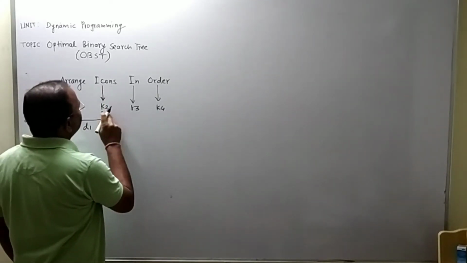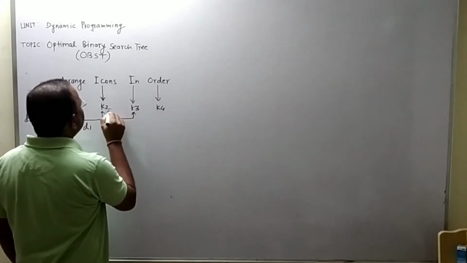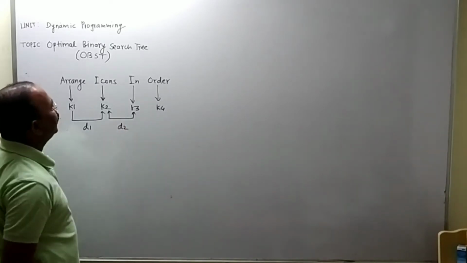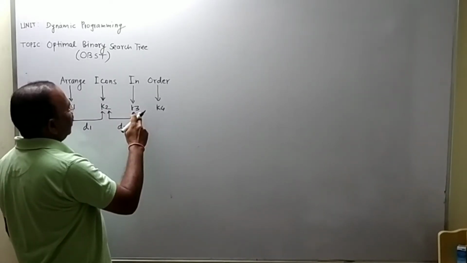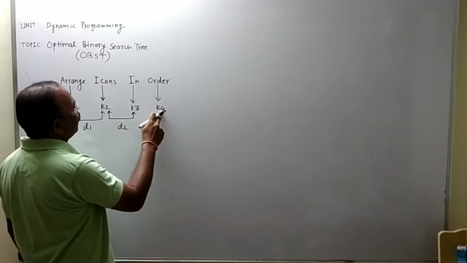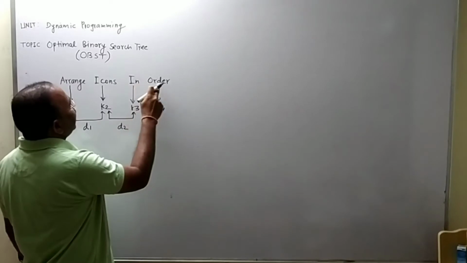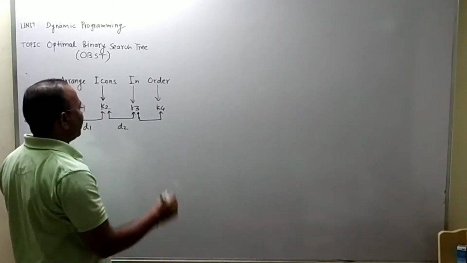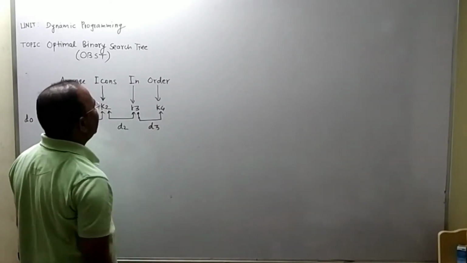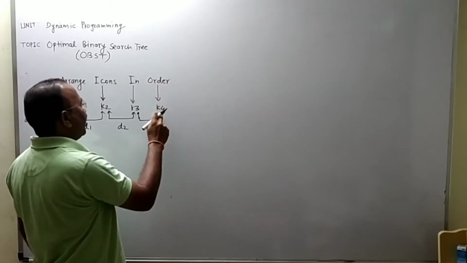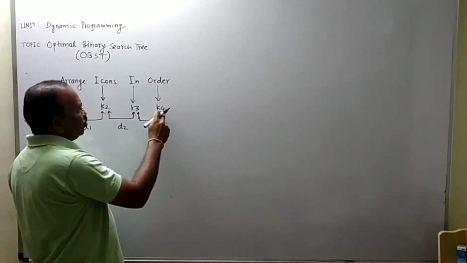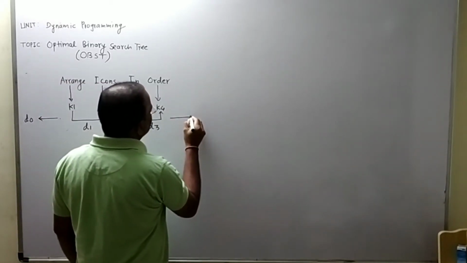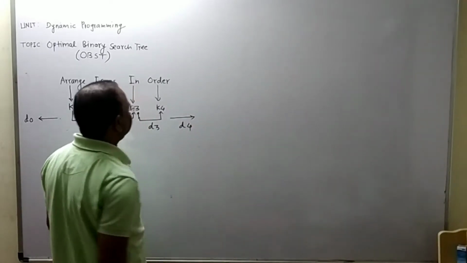Similarly, in between K2 and K3, there may be dummy words or dummy keys which are represented using D2. Then dummy words or dummy keys between K3 and K4, meaning between in and order, are represented using D3, and after the actual key K4, there may be many dummy keys or dummy words, and these are represented using D4.